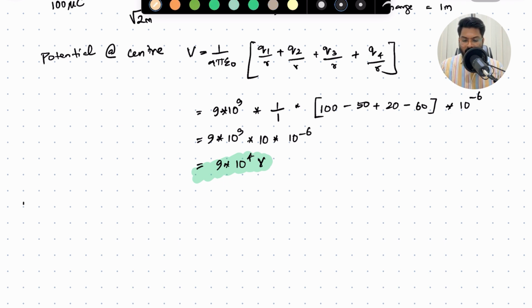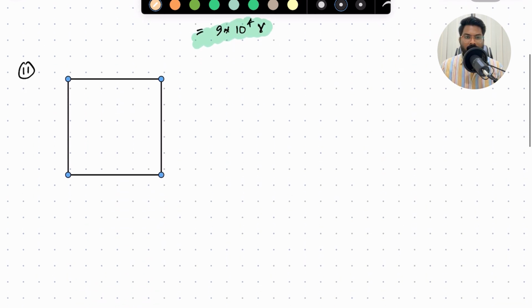Let's discuss question number 11. We have a square again. Let's call this square A, B, C, D, and each side of the square is given by a.